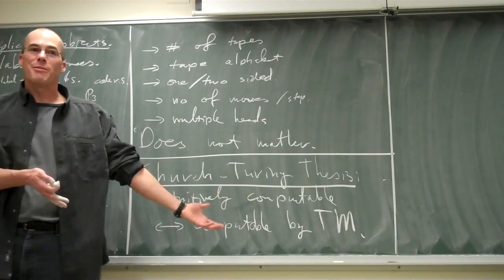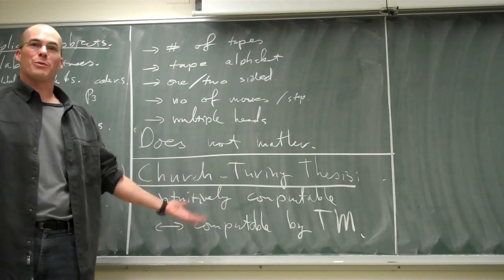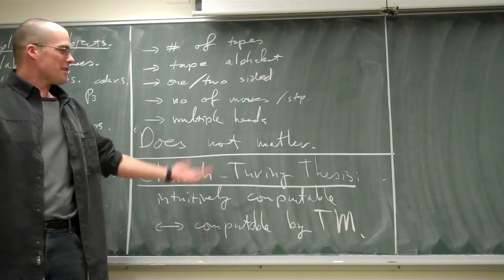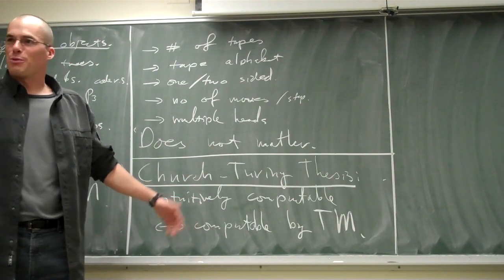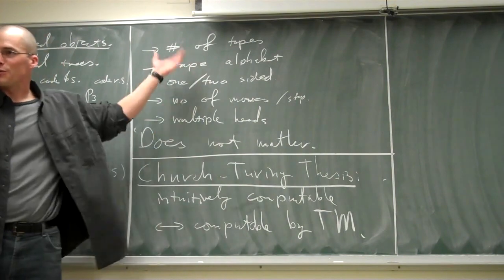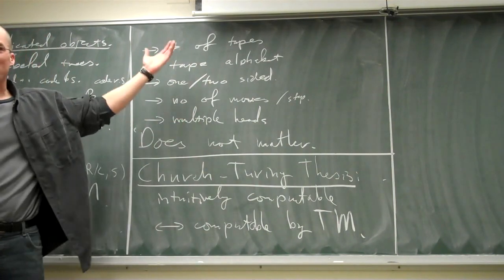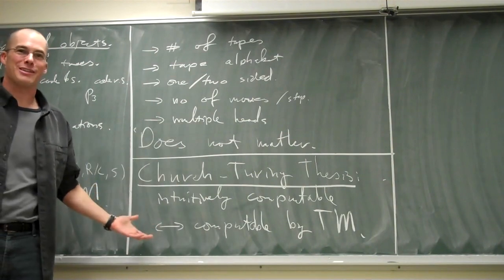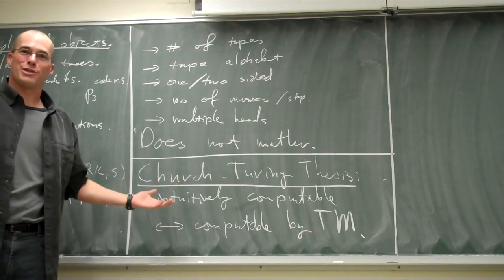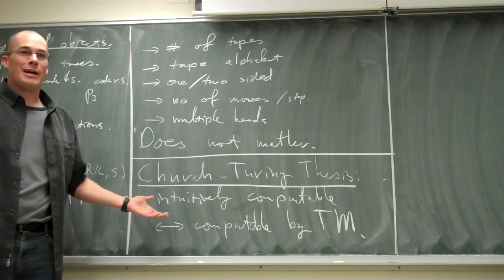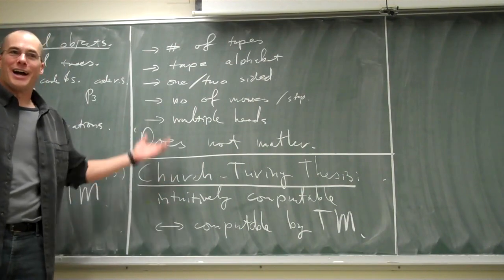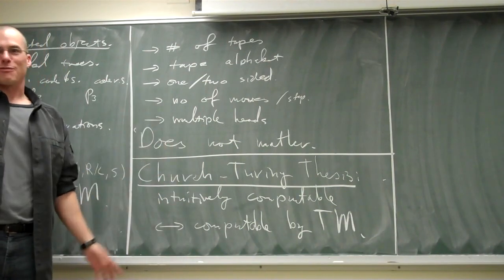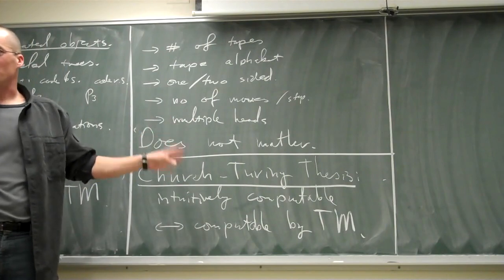Any of these other notions can be simulated by Turing machines, and so we believe this, and this is why I was perfectly comfortable standing here letting you suggest all sorts of funny things to do with Turing machines, because I believe this thesis, and I believe that as long as you don't throw me oracles, I can easily make this statement even without thinking too hard about proving it.